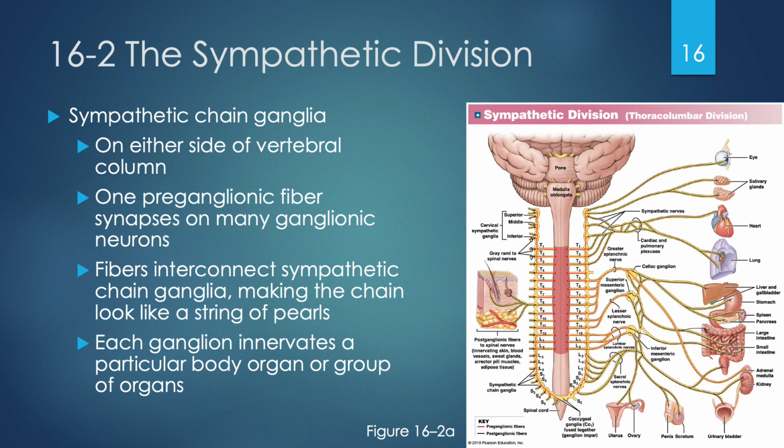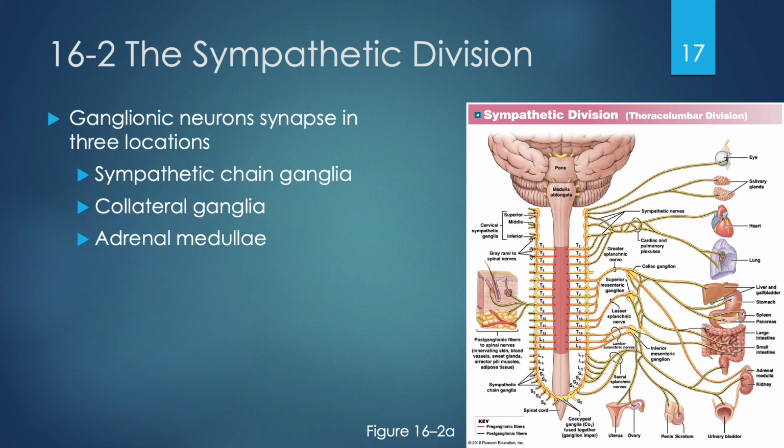So here at the celiac ganglion, the preganglionic fibers synapse, and then that information can be sent to a number of places. So you can see that the postganglionic fibers are here illustrated in black. So the postganglionic fibers can extend to things like the liver or the stomach or the pancreas or spleen. All of those are innervated by our celiac ganglion.